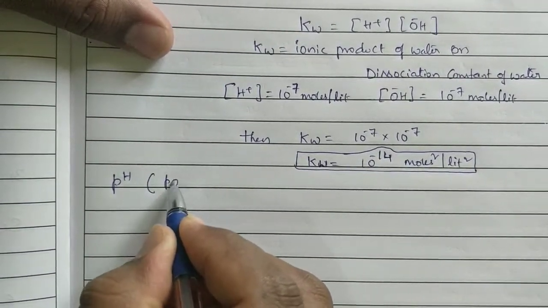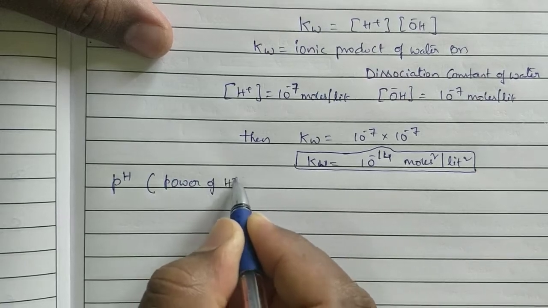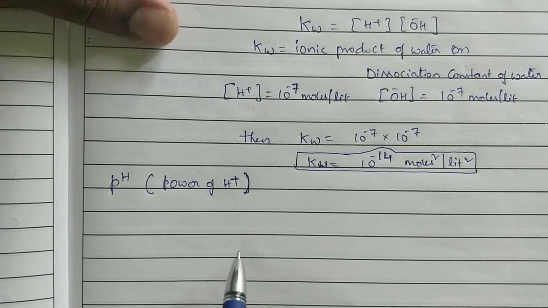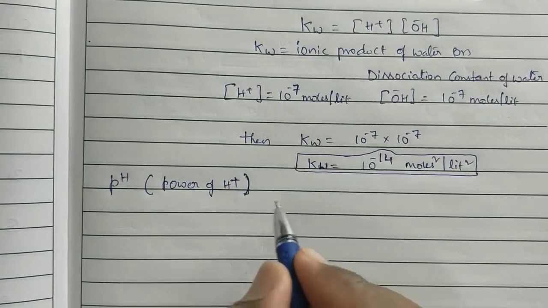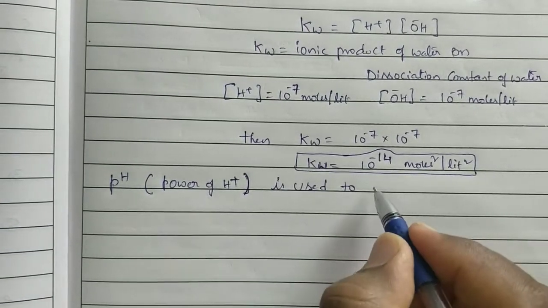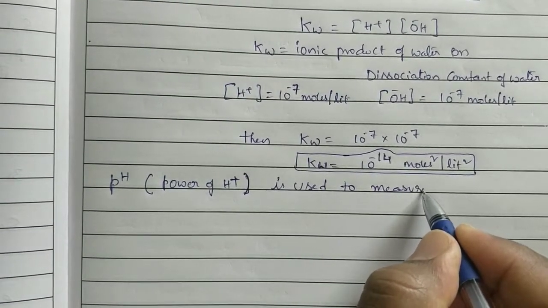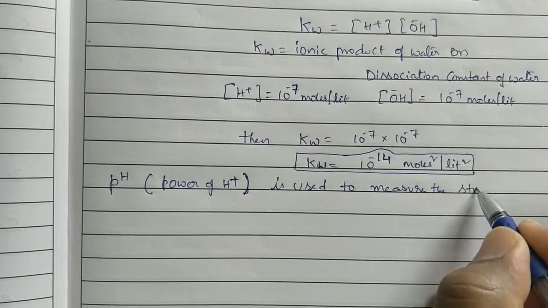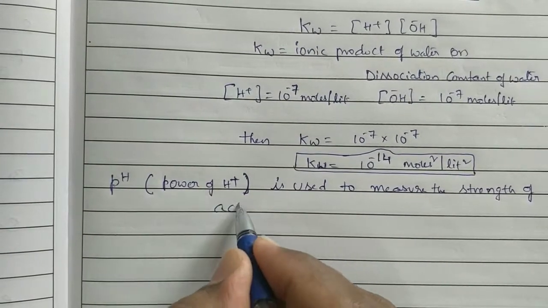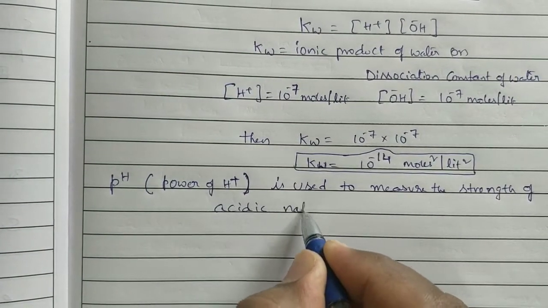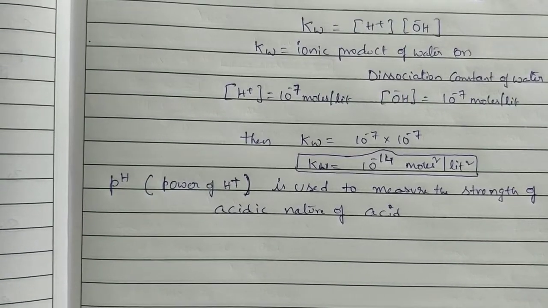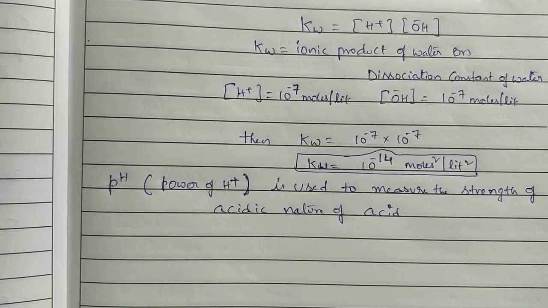pH is called power of H, that is power of H plus ion. It is used to measure the strength of acidic nature of acid.